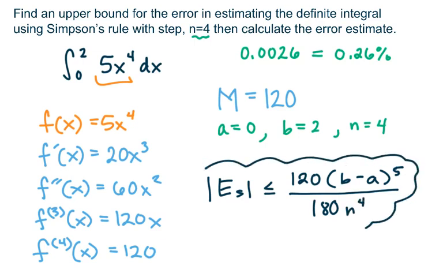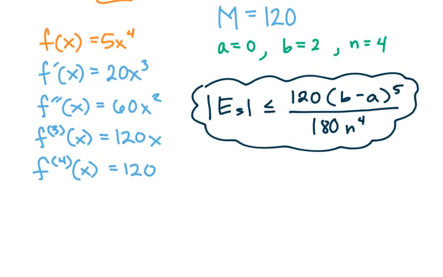That was the formula. So I just have to plug these numbers in, and this is going to tell me that with the Simpson's rule approximation, my error is going to be less than or equal to whatever value we get here.